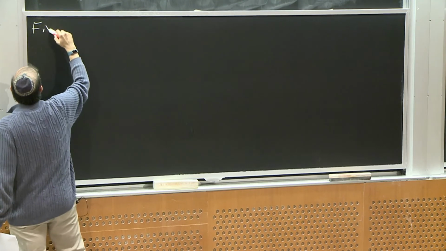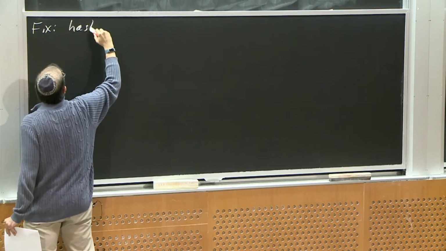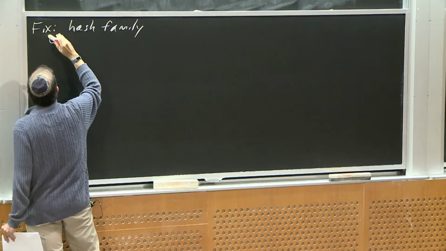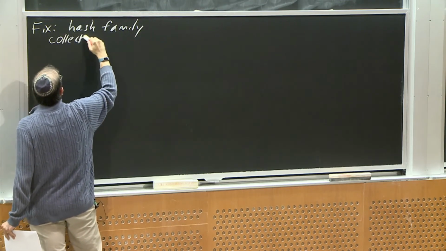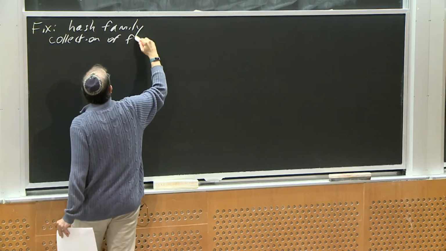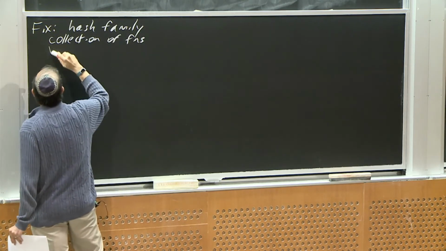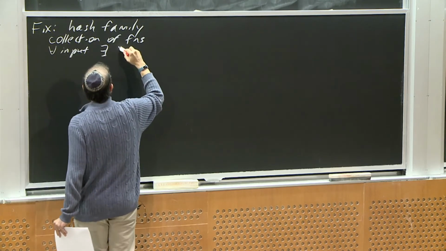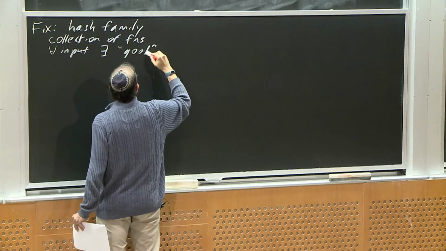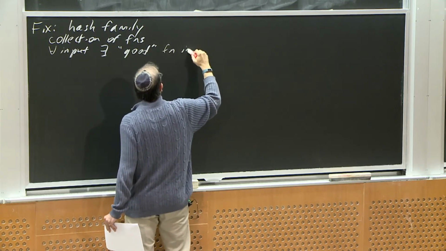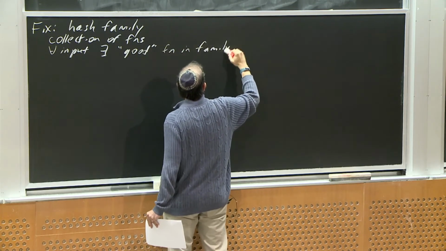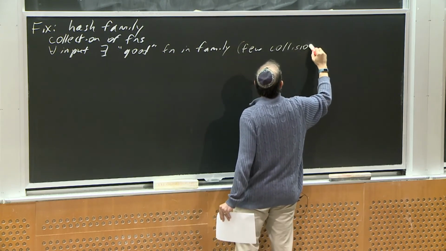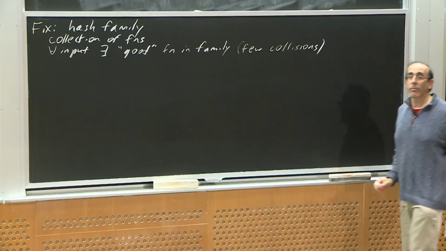Our fix is going to be to design something called a hash family, which is a collection of functions such that for any input, there exists a good function in the family which causes few collisions.